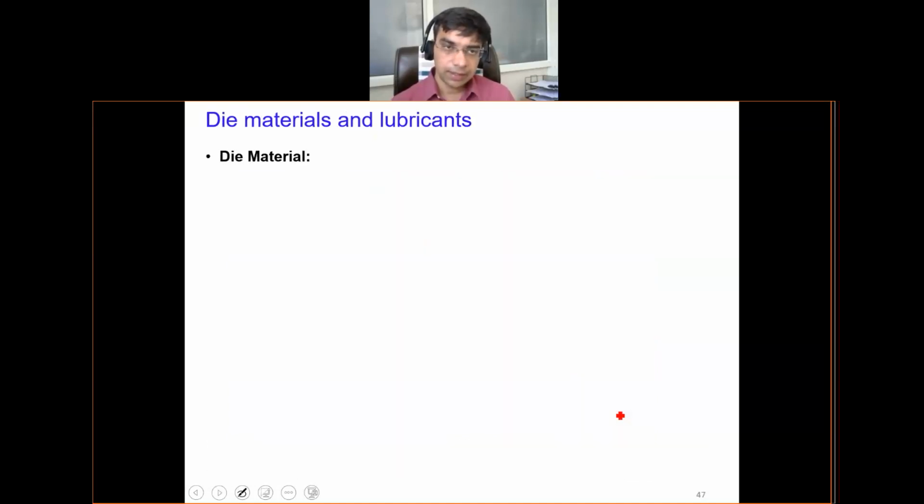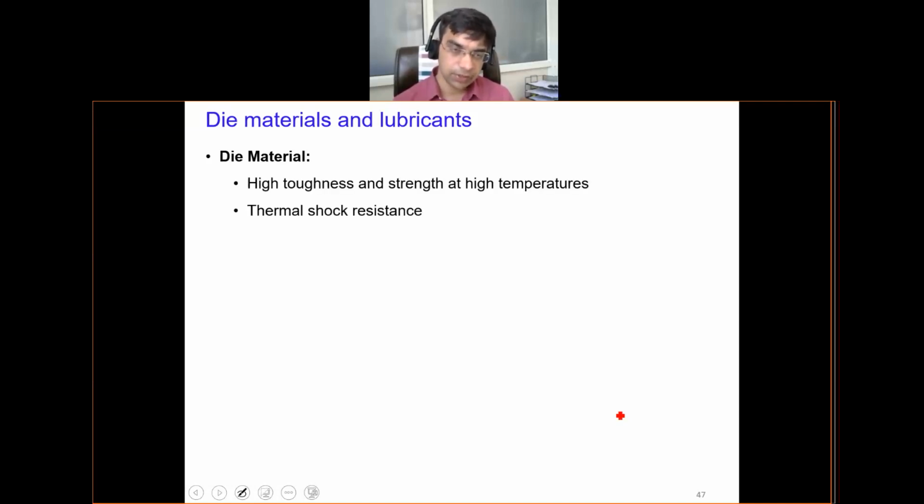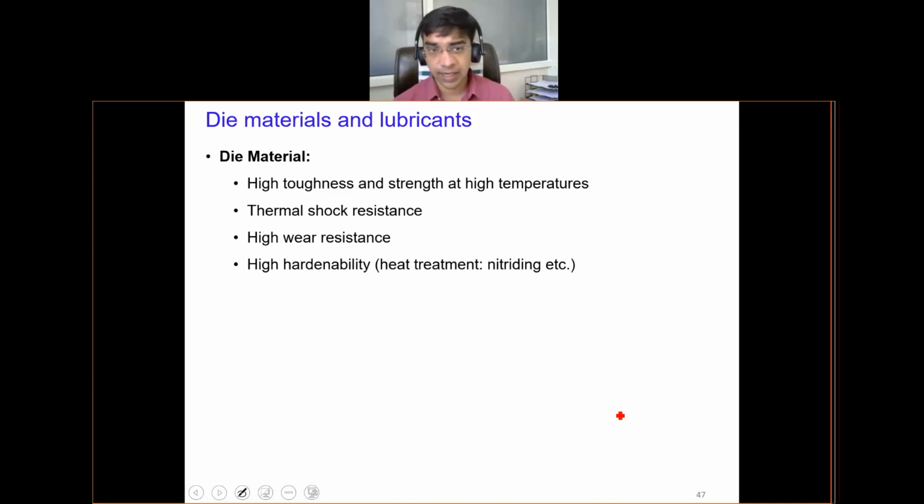Now it is very interesting to know what the material of these dies is, which handles all this forging pressure or the compressive forces at elevated temperature. This die material is a special material which should have properties like high toughness and strength at high temperatures.